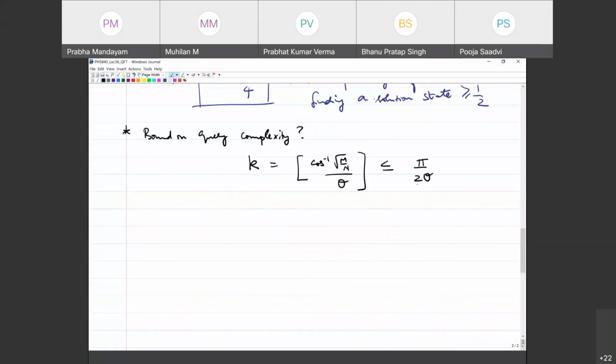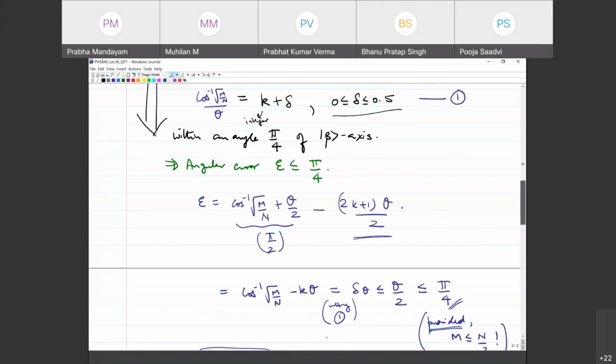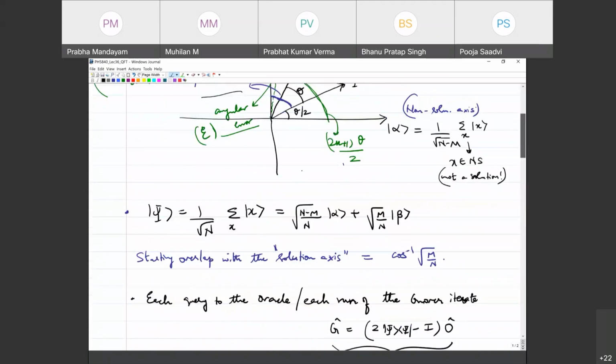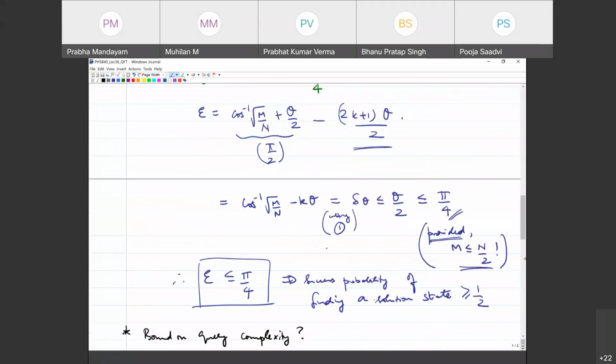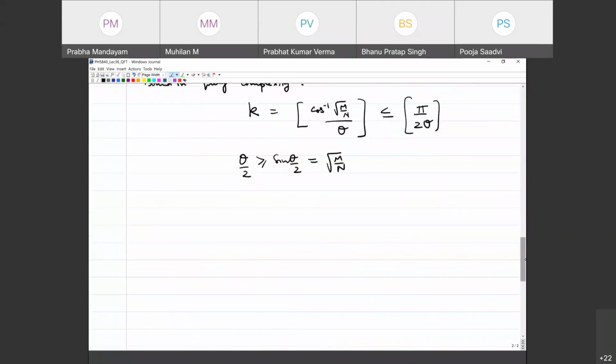And theta itself is greater than or equal to sine theta by 2. And sine theta by 2 is exactly equal to square root m over n, which is what we called sine theta by 2. So sine theta by 2 is exactly square root m over n, and theta is always greater, at least in this range, than or equal to sine theta by 2, which is between 0 and pi by 4.